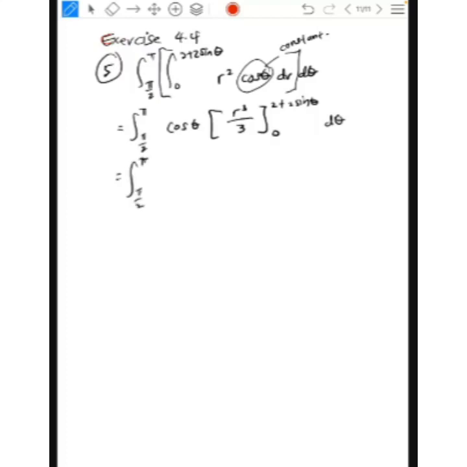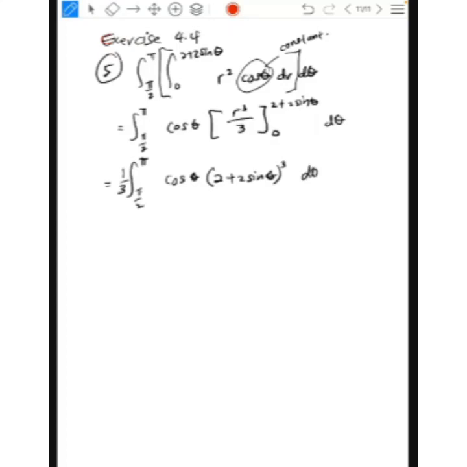Okay, 1 over 3 tu saya bawa keluar juga, sebab it's only a constant. Okay, and then cos theta, 2 plus 2 sin theta. Masukkan nilai lah. 2 plus 2 sin theta to the power of 3 minus 0, 0 lah.